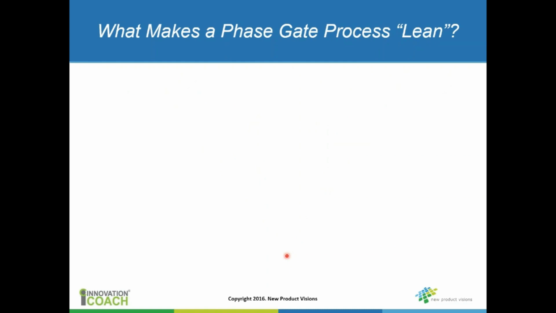If you go back to the basic definition of lean, it's creating more value with less resources. So I think a lean phase gate process is probably in the eye of the beholder. I'm going to line out what I believe are some of the key aspects of what might make a phase gate process lean, and one is a focus on lightweight documentation.